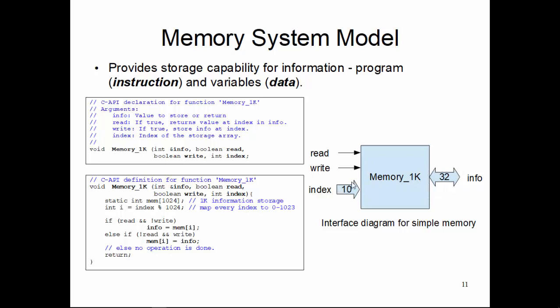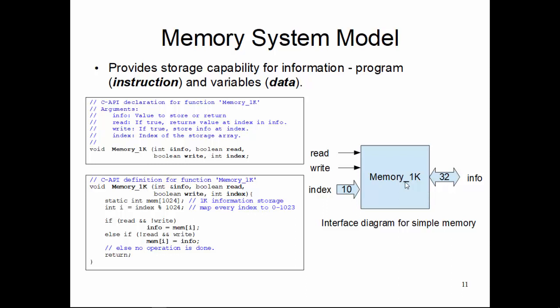Means at this index value, whatever value is set into this group of signals by the application or whoever is using this memory, it will pick up the value and store it inside the memory. So that's the hardware. We don't need to know what is inside this. We are just interested to know what things it does. What are the operations? So this is the interface diagram.